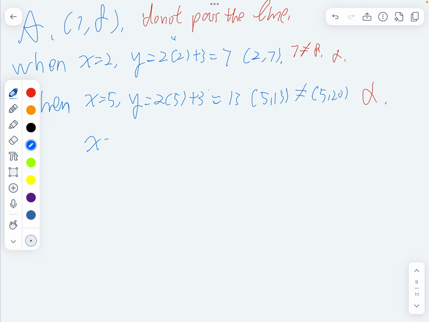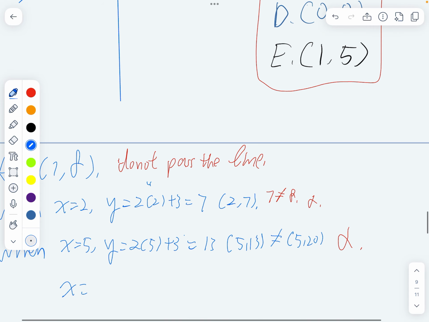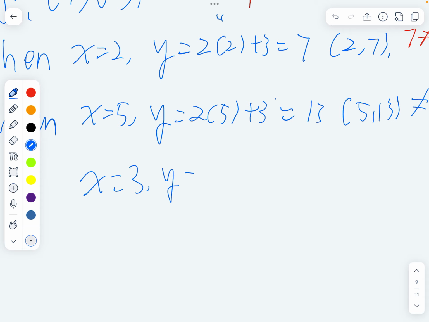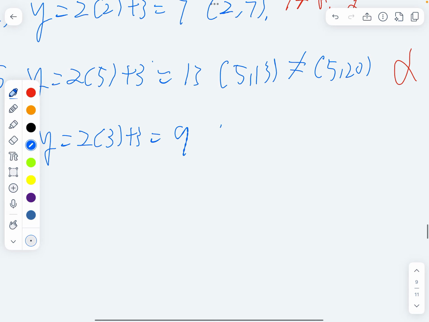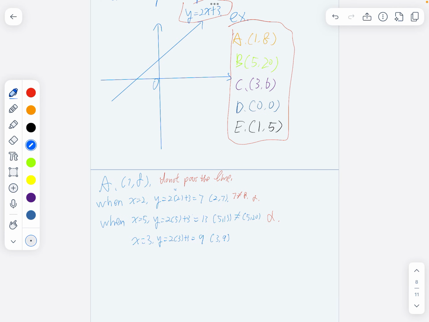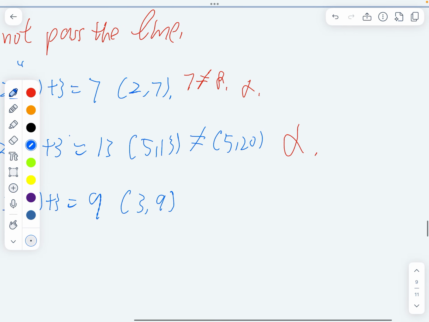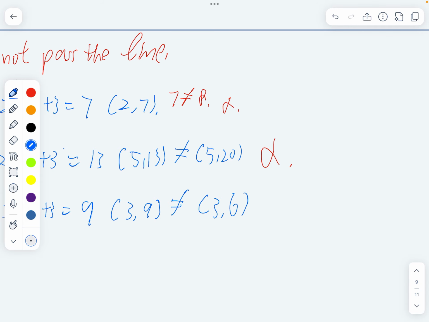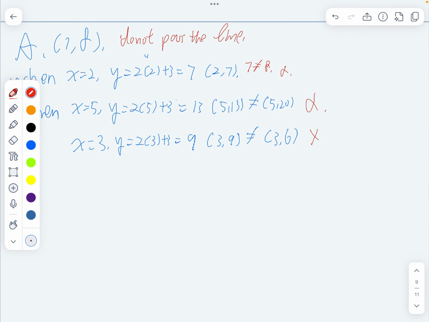The next one is where x equals 3, the y equals 2 times 3 plus 3 equals 9. The point is 3, 9. Let's check. It also does not pass the line, right? 3, 6. The point C does not pass the line.